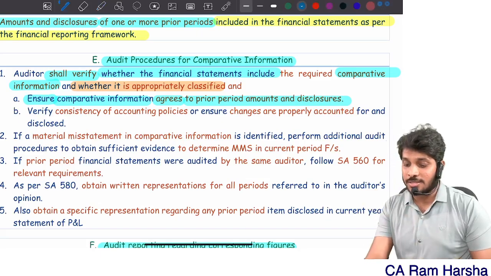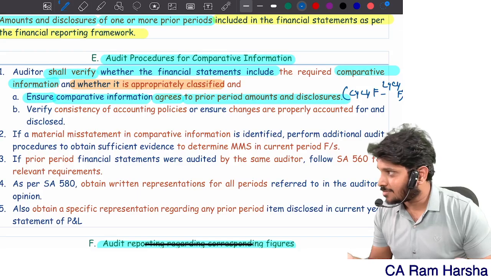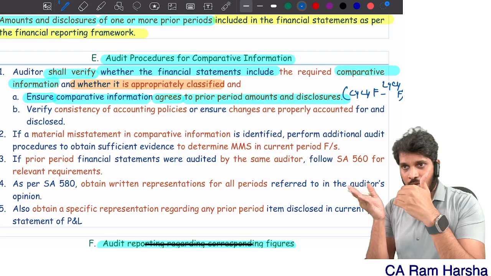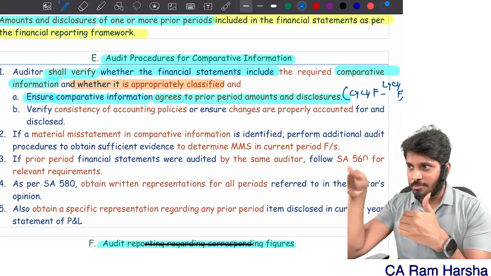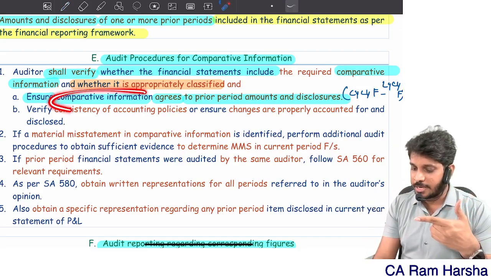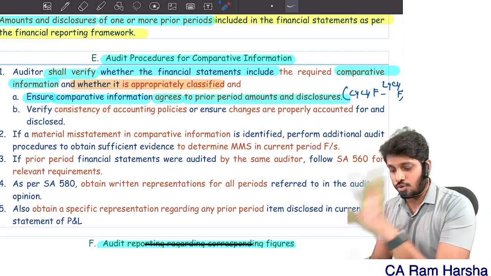How do I check this? I will compare the current year's figures with last year's figures. Yes or no? The current balance sheet's second column, I will compare with last year's balance sheet's first amount column. That's it. Whether the comparative information presented in the current year agrees to prior period amounts and disclosures.